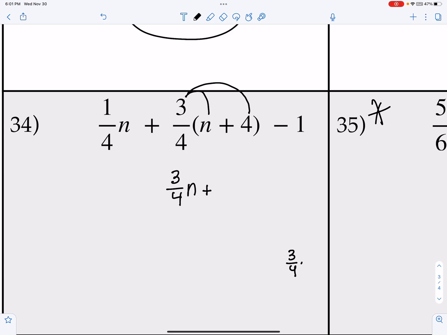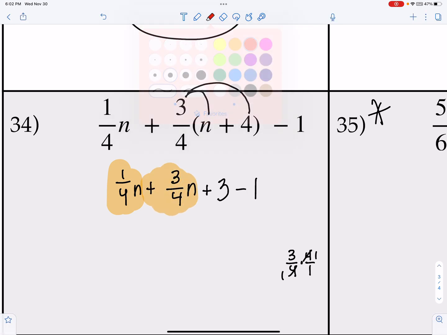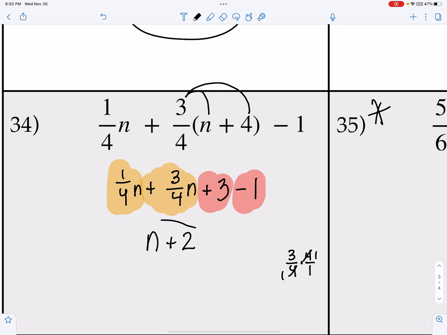But 3/4 times 4 over 1, cross simplify, you end up with 3. And then bring down everything else, plus 1/4 n, combine like terms. So I have my n club, my positive n there. I also have my constants here. Joining all that together, I end up with 1n plus 2.